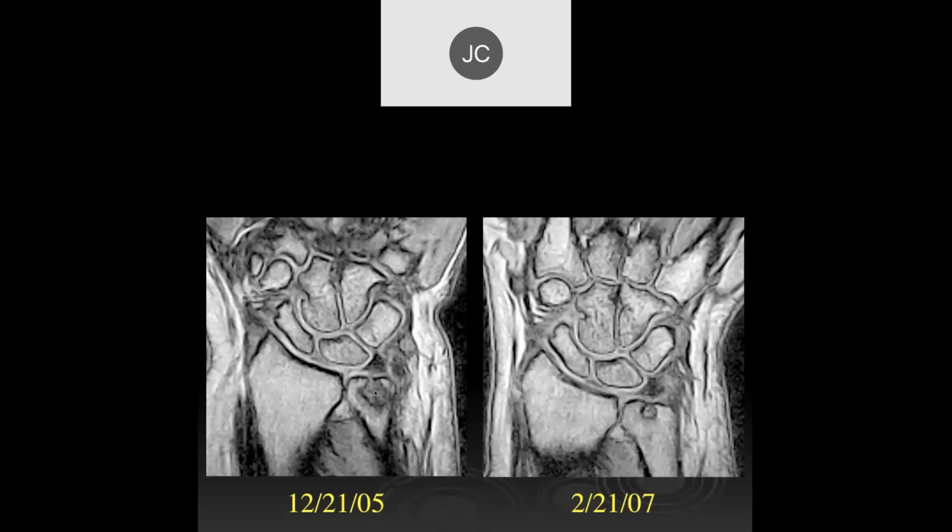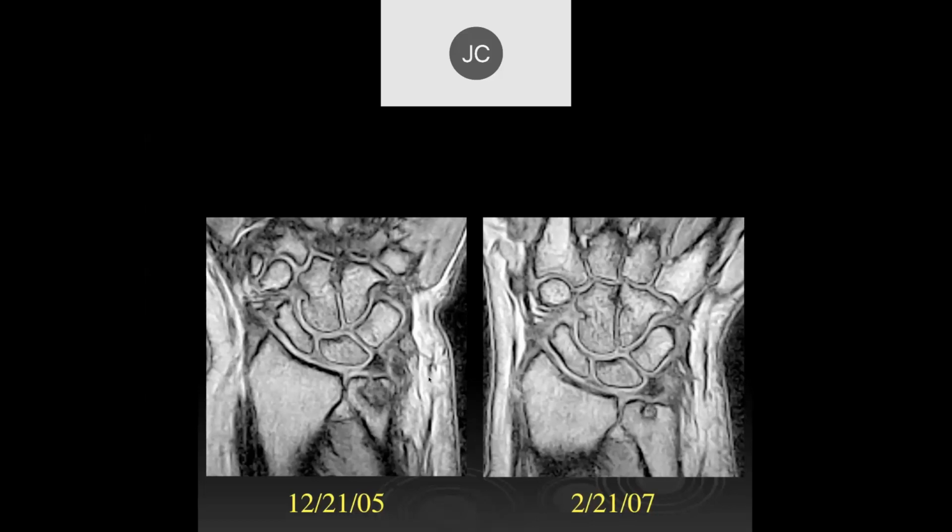Therefore, when you stop it, you'll end up with a geode or a hole in the bone. In areas around the periphery where the trabecular bone is still intact, once you stop the inflammatory process, the osteoclasts come in to remodel the bone, and so it looks like the erosion has decreased in size.